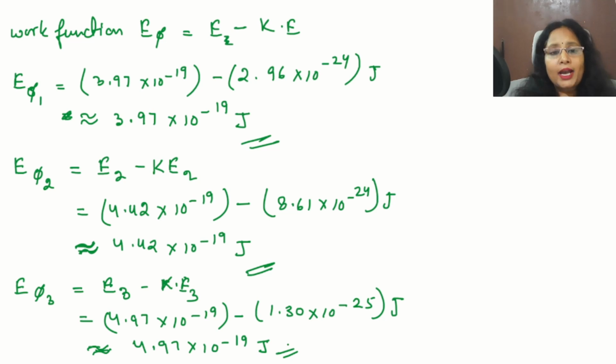Because the maximum work function is required for the minimum energy to eject the electron. So we need to eject the electron with minimum energy, and we should take the maximum work function. So here we will go with work function 3 and put it in the formula.